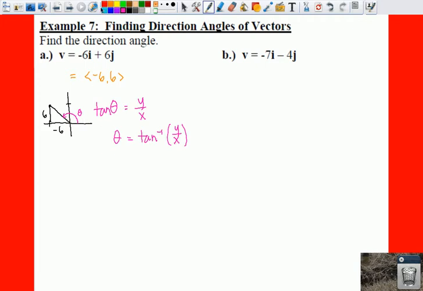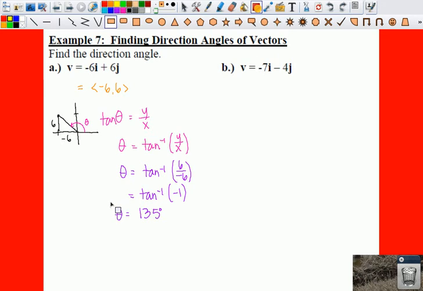If we plug in our y and our x, theta is equal to the arc tangent of 6 over negative 6, which is really the arc tangent of negative 1, which gives us theta equal to 135 degrees. So make sure your calculator is in degrees once again. You're going to plug in the arc tangent of negative 1, and that should give you 135 degrees.